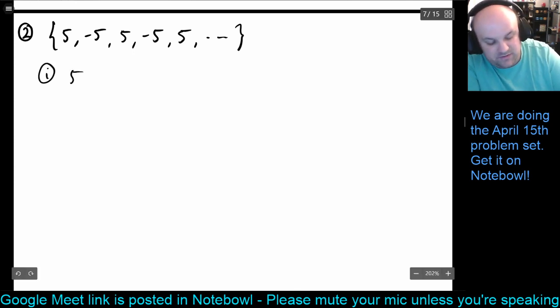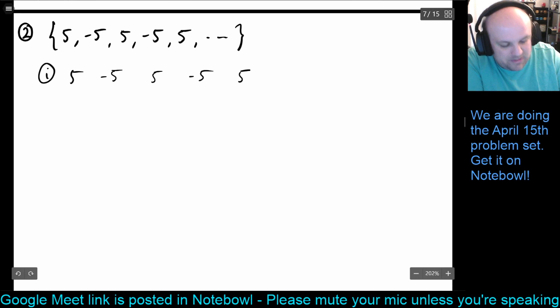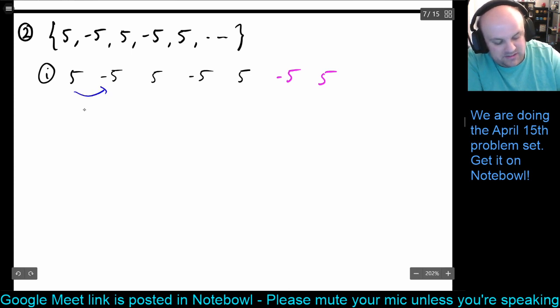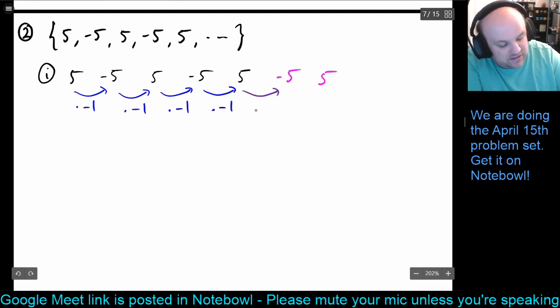If we have 5, then minus 5, and then 5 again, and then minus 5 again, and then 5, probably no surprise that the next 2 terms are negative 5 and 5. Right? And the point is each time, we're multiplying by negative 1. And so if we go on to the next terms, it would continue that pattern.